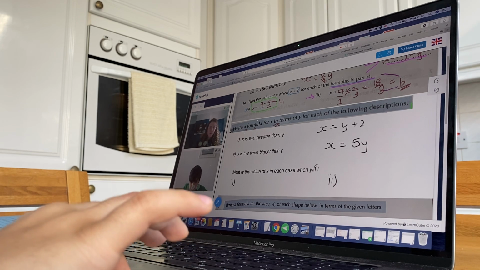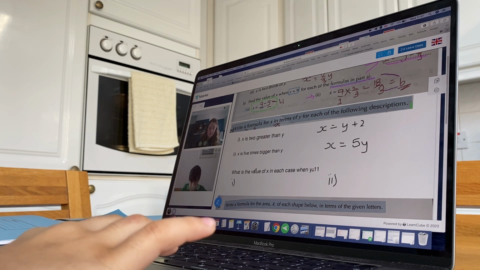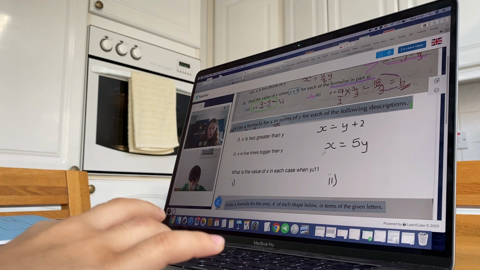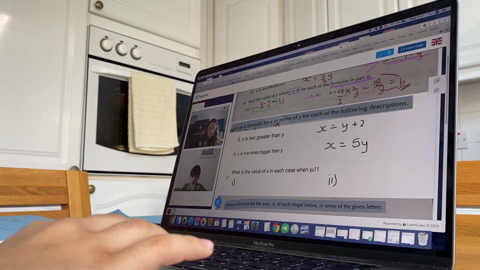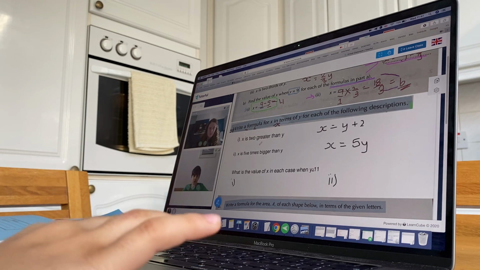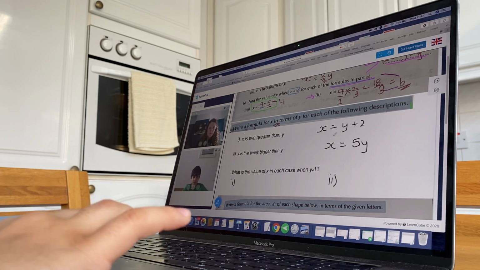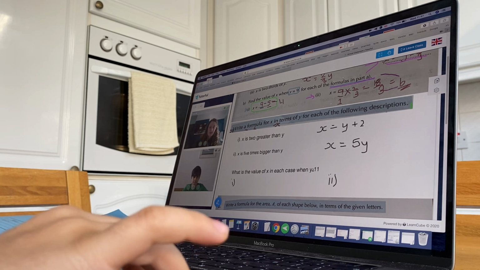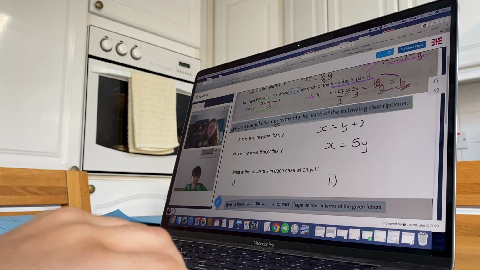Not 6 for the first one. Because if 5y, yeah, it has to be 2 greater than. So x is y plus 2, and y is 11.